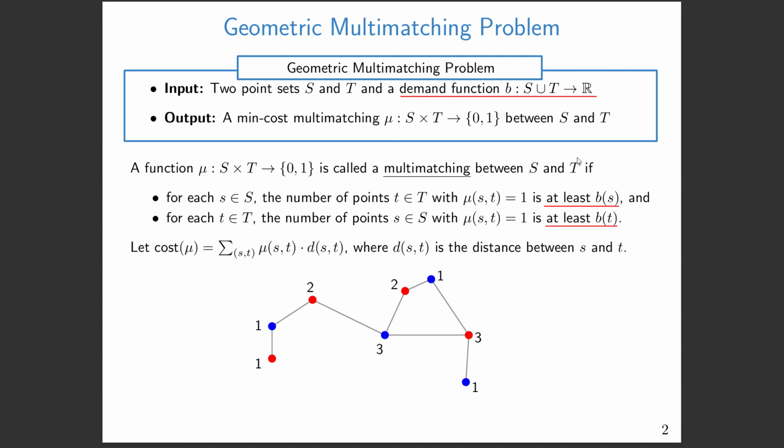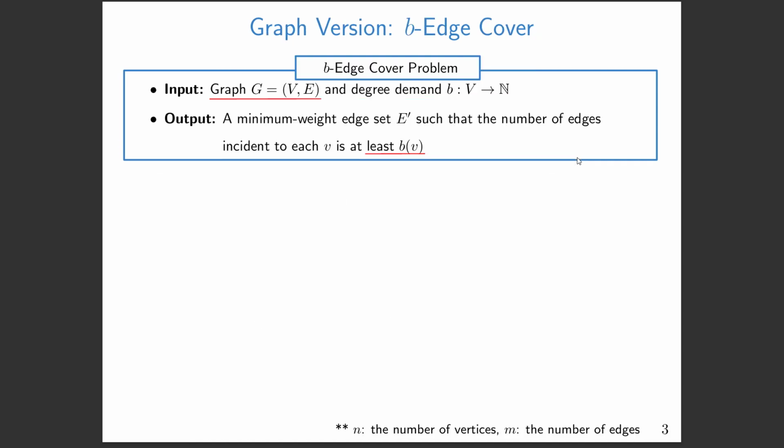And this geometric multi-matching problem is quite similar to the well-studied graph version, the b-edge cover problem. In this problem, we are given a graph and a demand function, and our goal is to compute a minimum weight edge set E' that covers each vertex v at least b_v times.